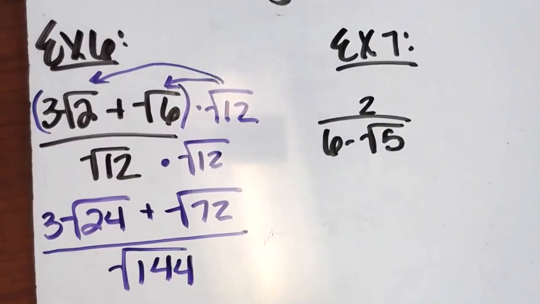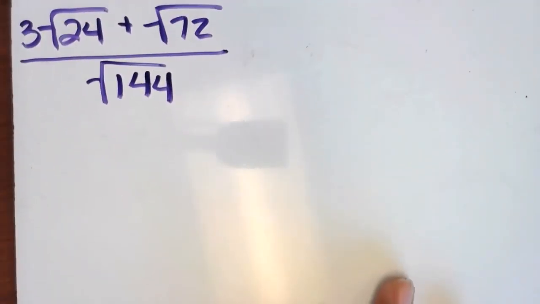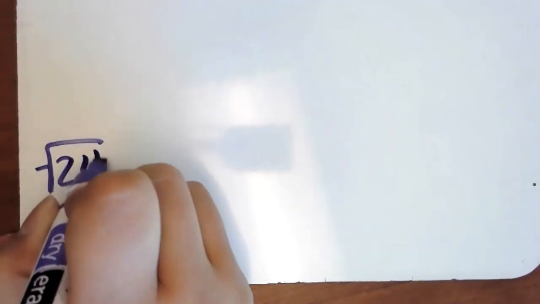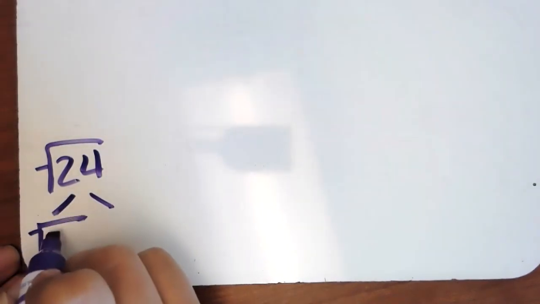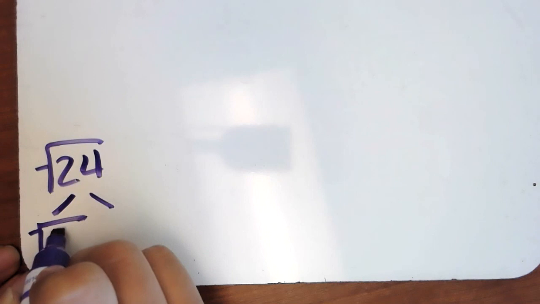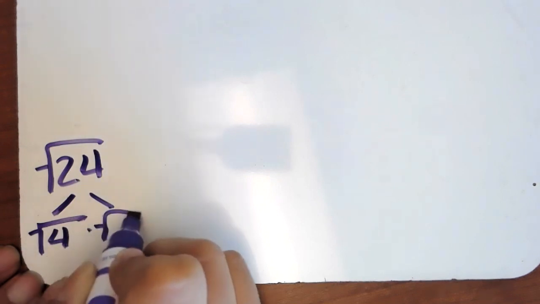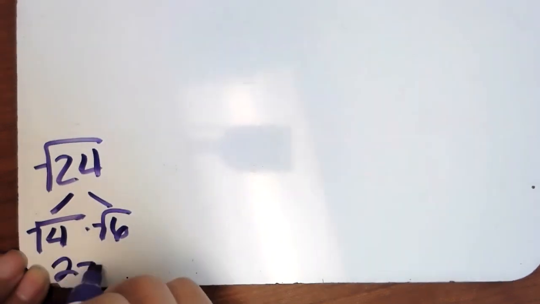All right. And now it's just time to simplify, which I will simplify down here. So we have a square root of 24. A perfect square that goes into 24 would have to be 4, and 4 times 6 gives you 2 square roots of 6.